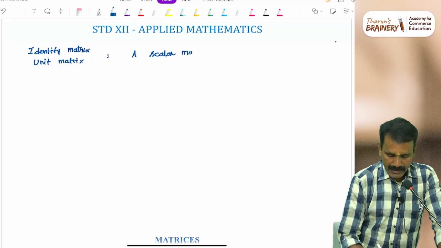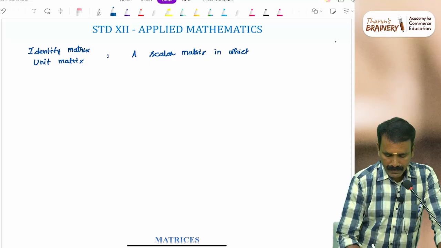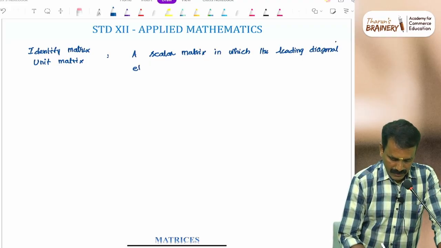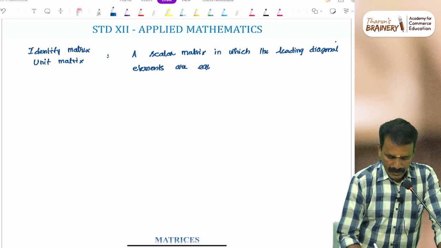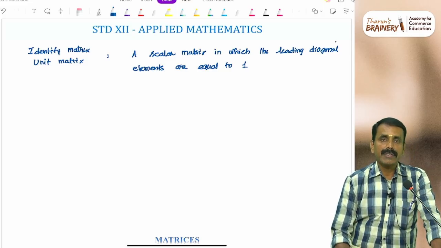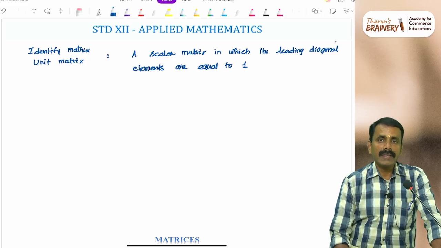A scalar matrix in which the leading diagonal elements are equal to 1. Okay. So, a scalar matrix in which the leading diagonal elements are equal to 1 is called an identity matrix.